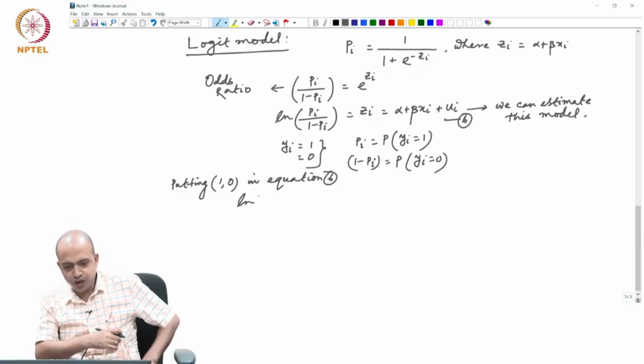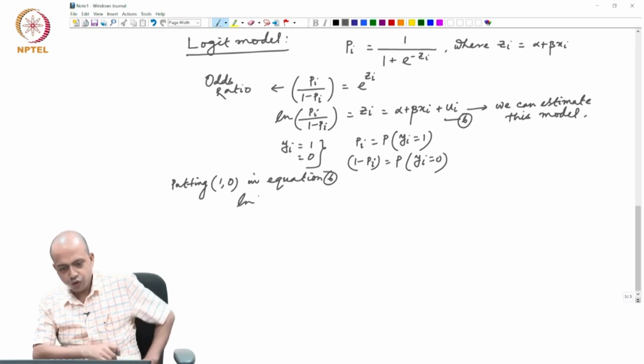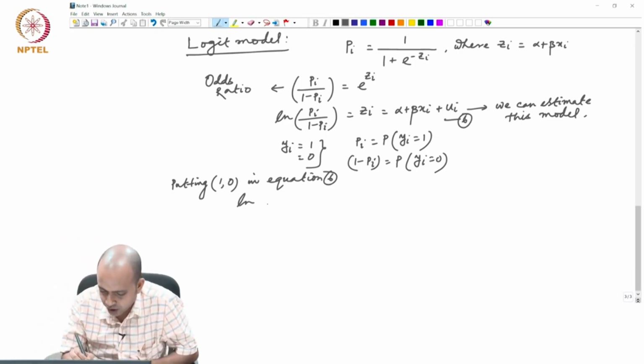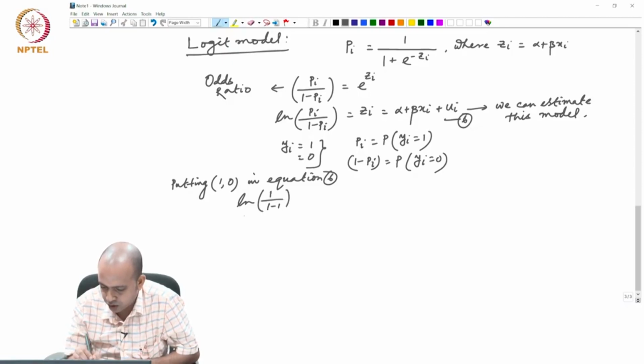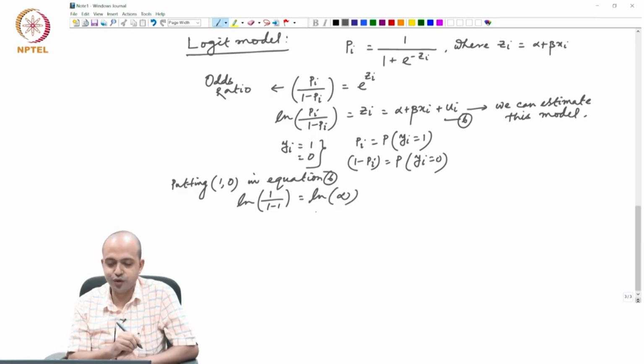If you put 1, it becomes log of 1 by 1 minus 1, so that becomes 1 by 0. This would become your dependent variable.